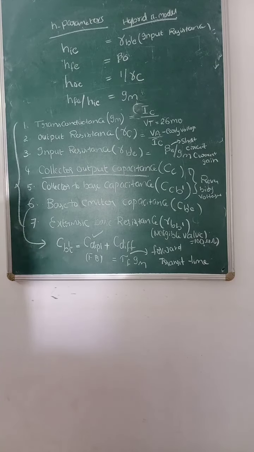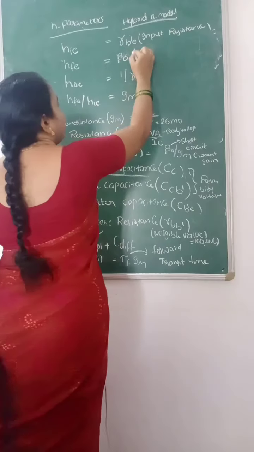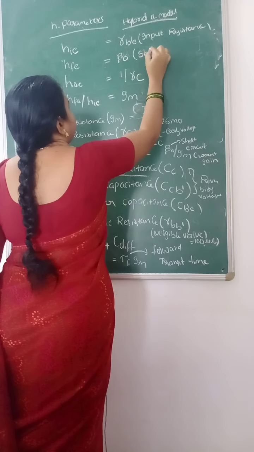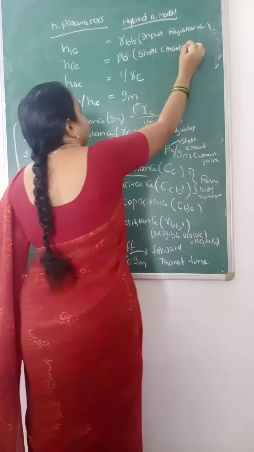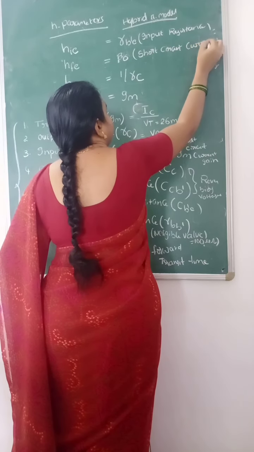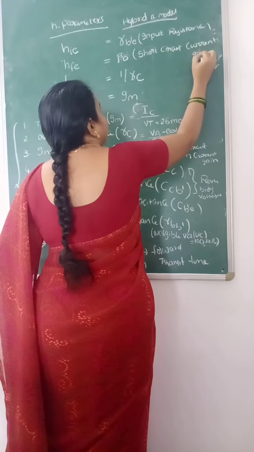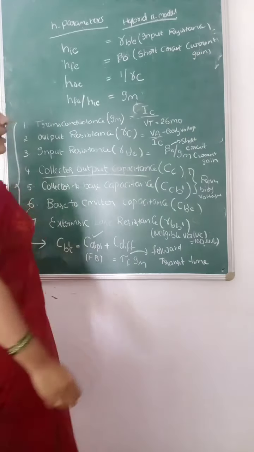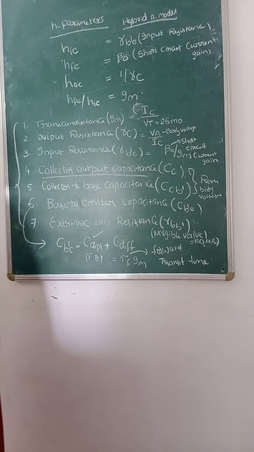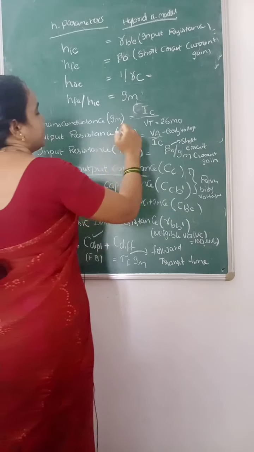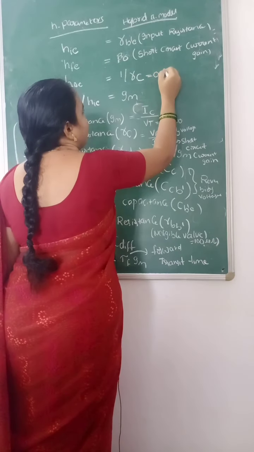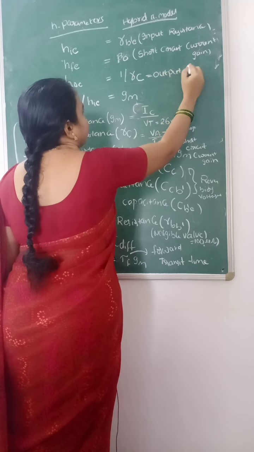And HFE is the short circuit current gain. And 1 by RC, since RC is the output resistance, is the output conductance.